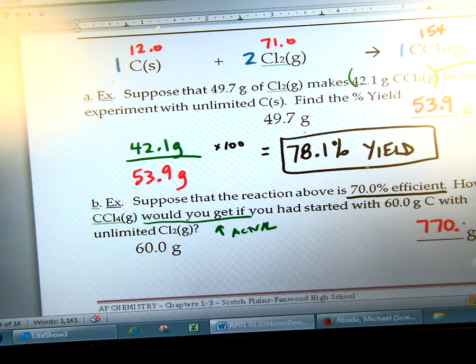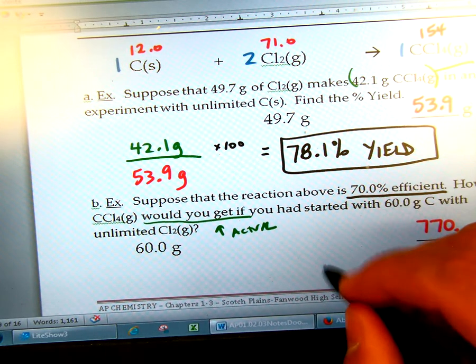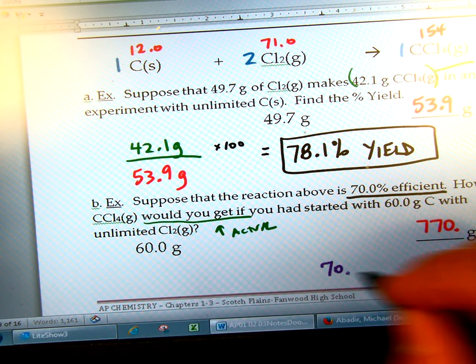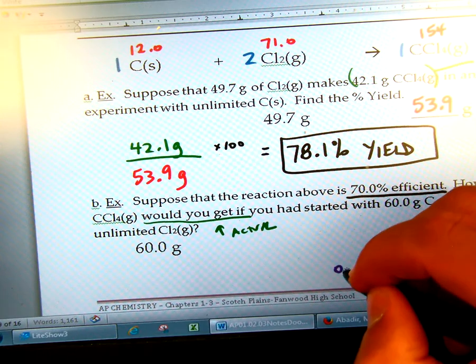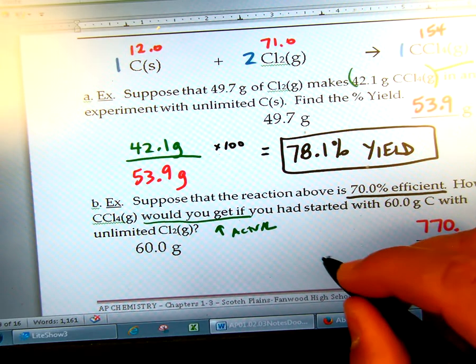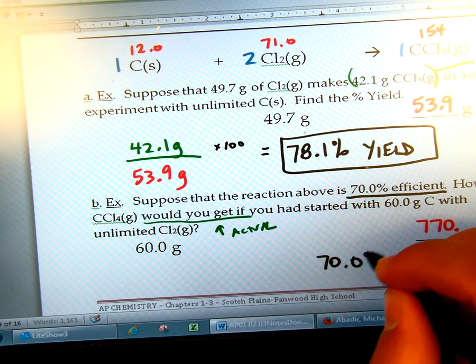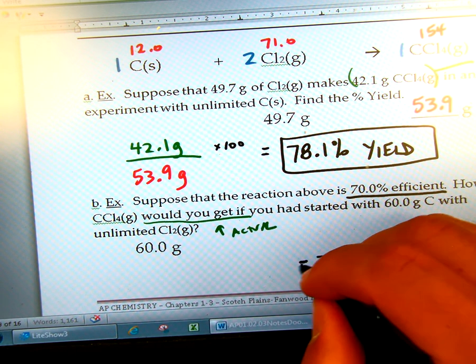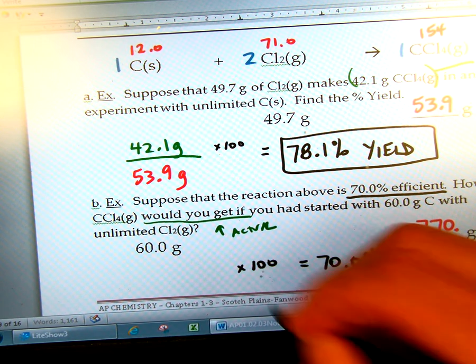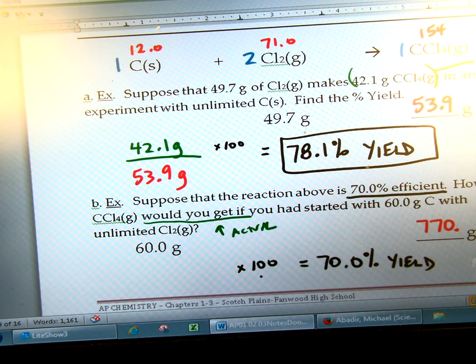I set up the problem exactly the same way, but now I already know the percent yield is 70%. So it's already a 70% yield, I know. And that's going to equal the actual over the theoretical.